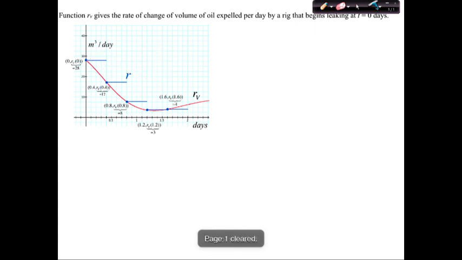Okay, see if yours turned out like this. Is that what you got? This function we're going to call R. So R sub v is what we use for exact rate of change.